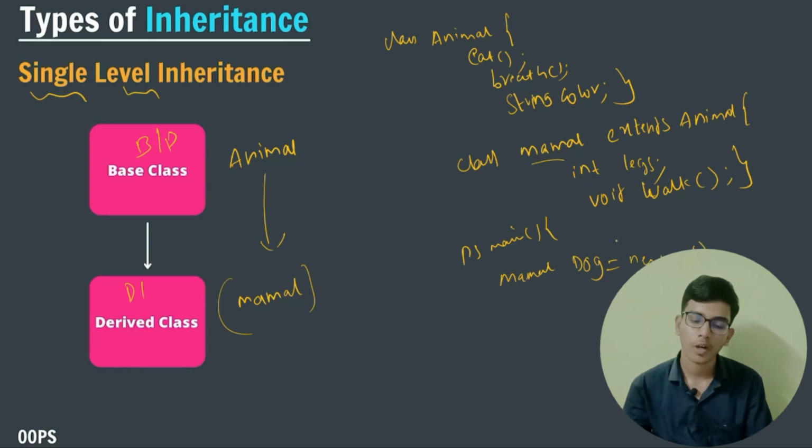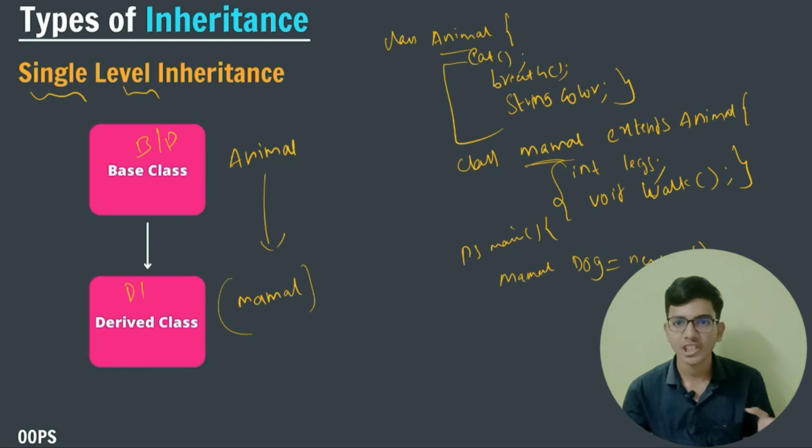Then when I call the properties, along with these properties, the parent properties can also be accessed, because animal is my parent class and mammal is my child class. So I can access the parent class elements through my child class.